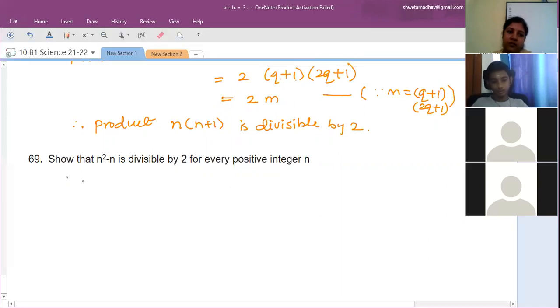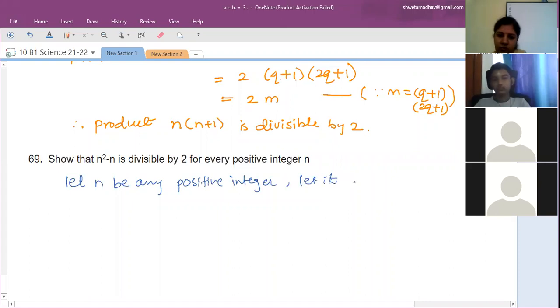Now let n be any positive integer. Let it be divided by 2. q and r are the quotient and remainder.